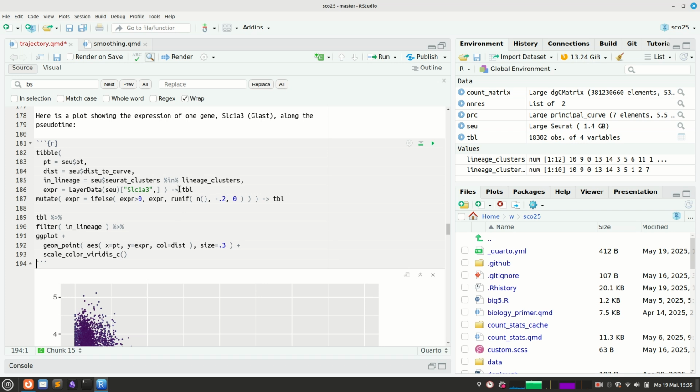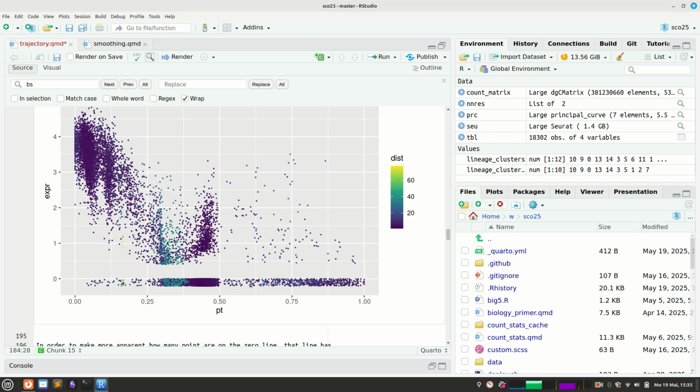This is why I introduced this little thing here, which says, if the expression is greater than 0, leave it as is, but if it's equal to 0, replace it with a random value somewhere between minus 0.2 and 0, so a random small negative value. That allows me to see, because it's now spread over this band, how many values are 0. And you can see there are really many more values that are 0 than having some value.